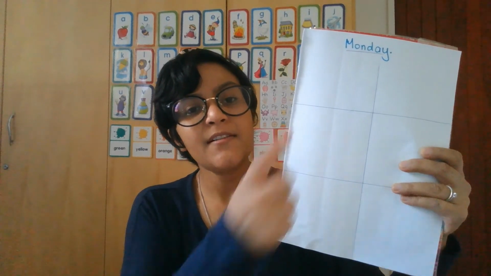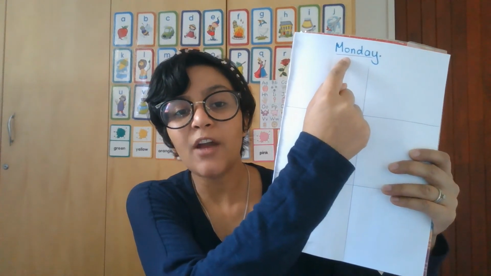So I'm going to turn my page over. My book is actually starting to break. I'm going to turn my page over and I'm going to draw my lines in my book so that I can get going with my lesson. So all I've done over here is I wrote the word Monday on top.